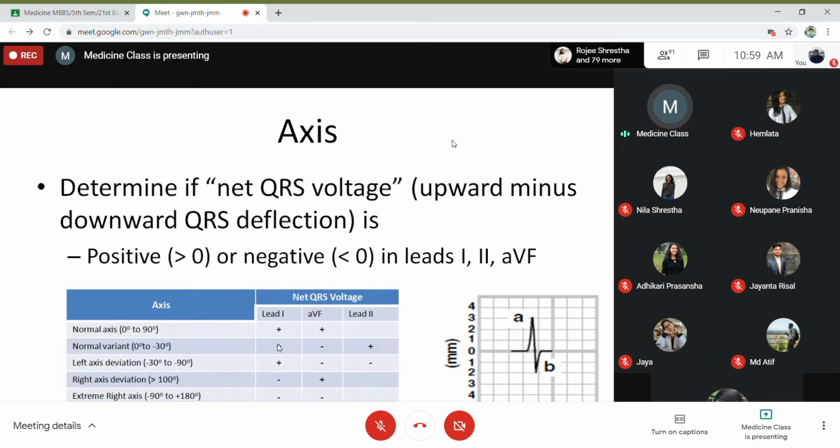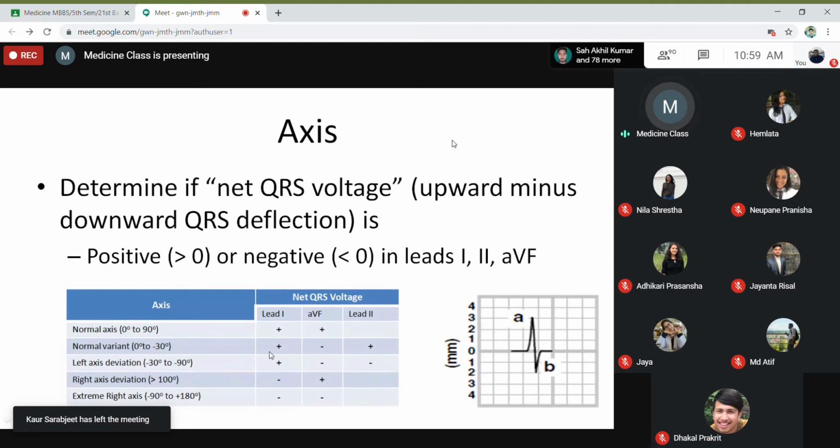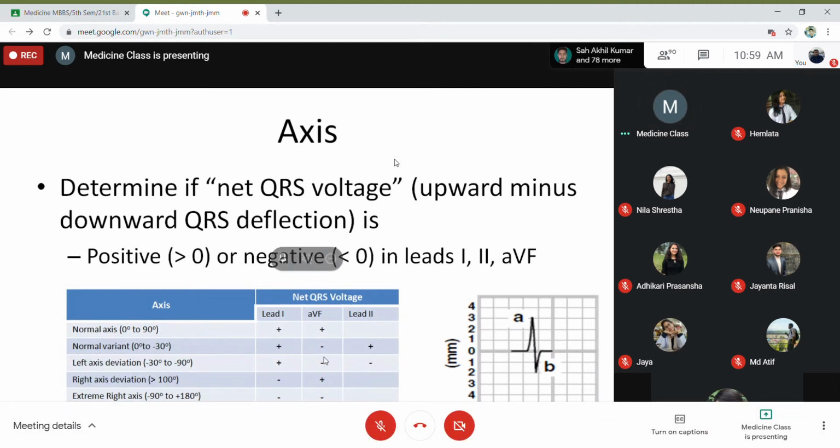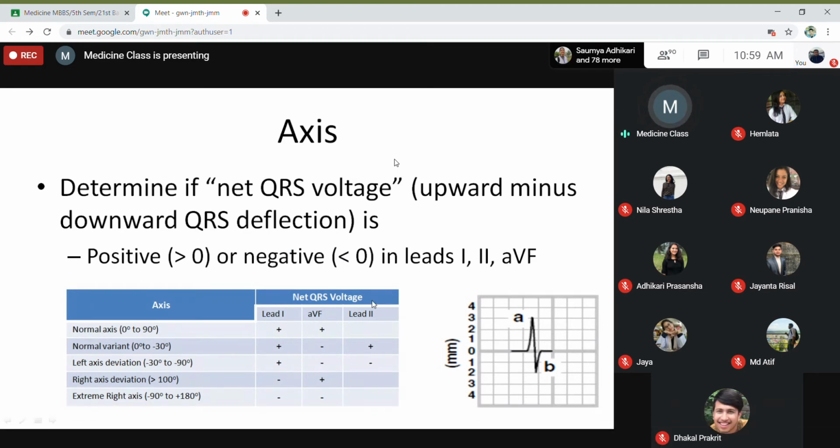But there's a little flaw here, because there's a normal variant also from 0 to -30. To rule this out, if you have a left axis deviation, like lead 1 is positive and AVF is negative, then always look at lead 2. If lead 2 is positive, then it's a normal variant. And if lead 2 is also negative, then it's always a left axis deviation.